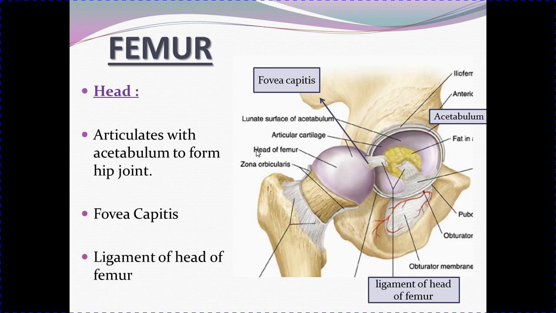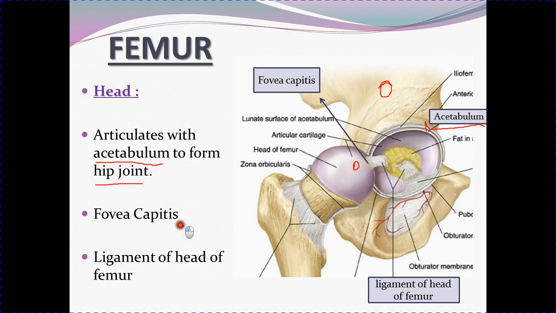The head of the femur articulates with the acetabulum of the hip bone to form the hip joint. I am repeating, the head articulates with the acetabulum to form the hip joint.